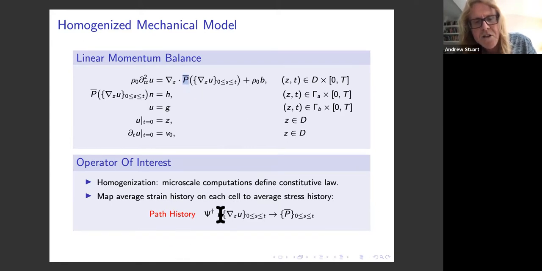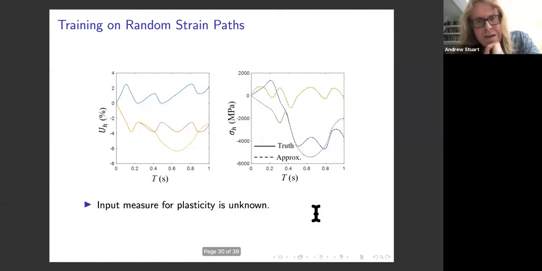So that's a function, it's an operator which takes the past history of the deformation into the history of the stress. And what makes this problem challenging is that what I call the probability measure mu is not known to us in this setting because it's implicitly defined by the solution of the problem itself.